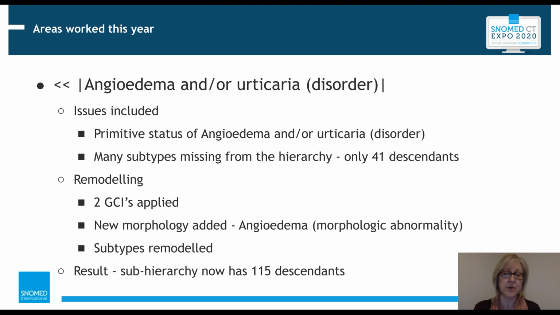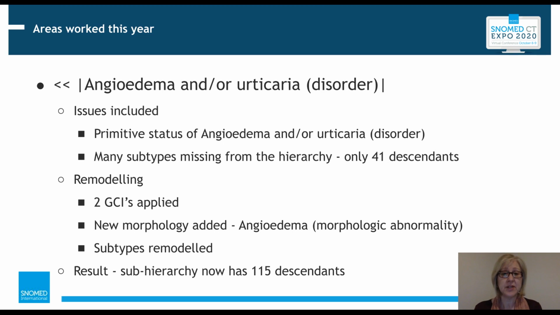So the first one here is a sub-hierarchy example where we picked the sub-hierarchy of angioedema and or urticaria. So this piece of work was done earlier before the changeover. Now the concept angioedema and or urticaria was primitive, and the sub-hierarchy only had 41 descendants. Now, as part of the QI work, this particular concept was remodelled using GCI. So it's still a primitive concept, but two general concept inclusions were added, which enables it to inherit subtypes.